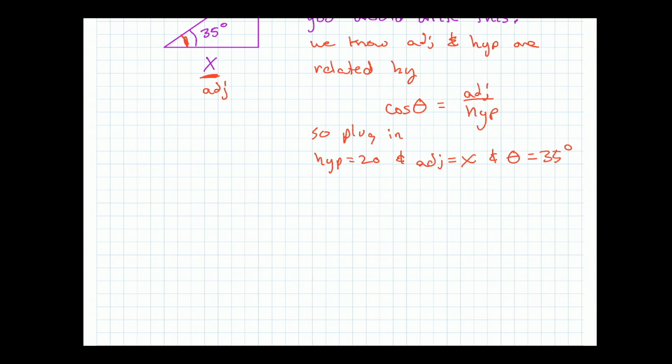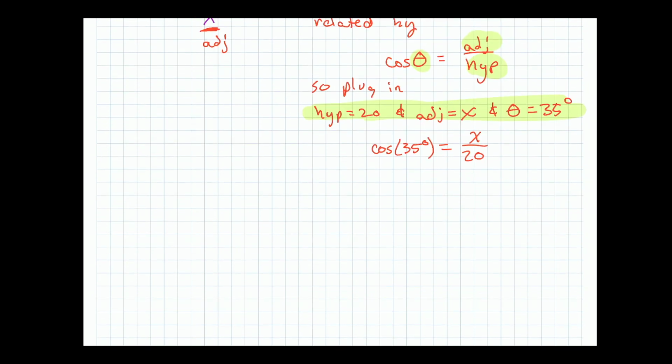So we put it in for the theta, the adjacent and the hypotenuse, and we get cosine of 35 degrees is equal to adjacent, which is x, over hypotenuse, which is 20. Then you would multiply by 20 on both sides, and we get x equals 20 cosine 35 degrees.